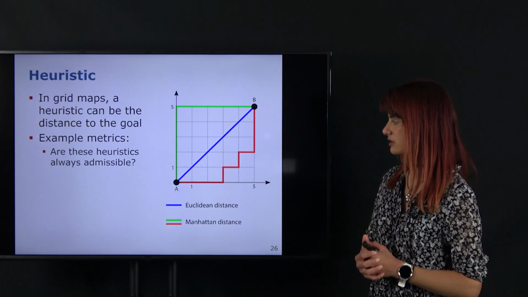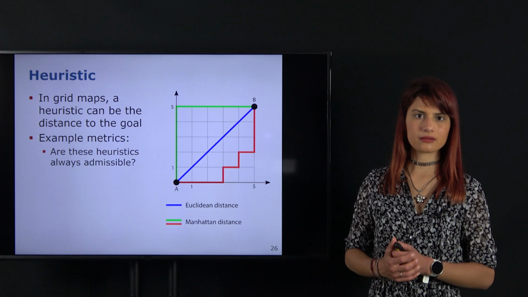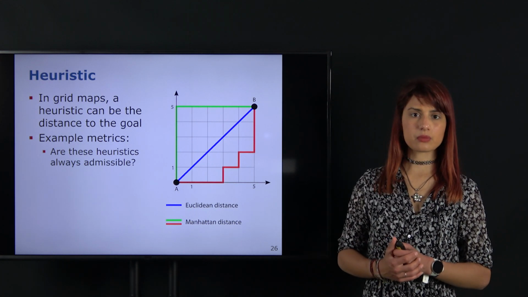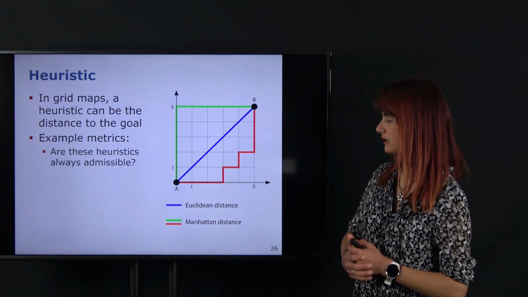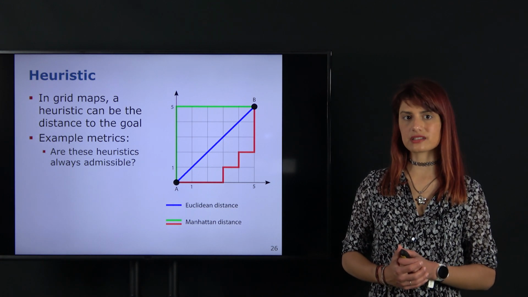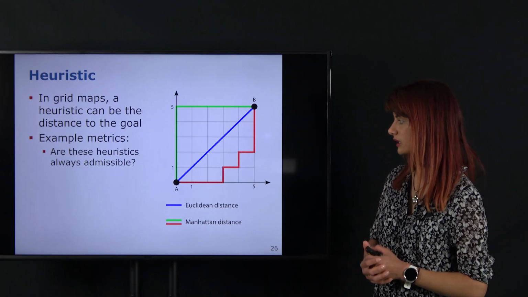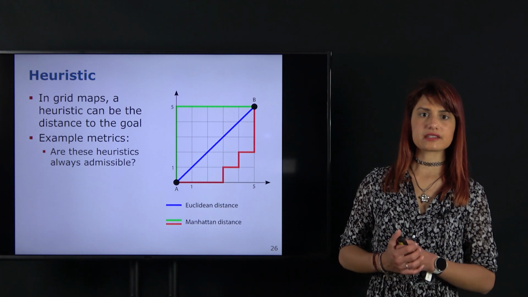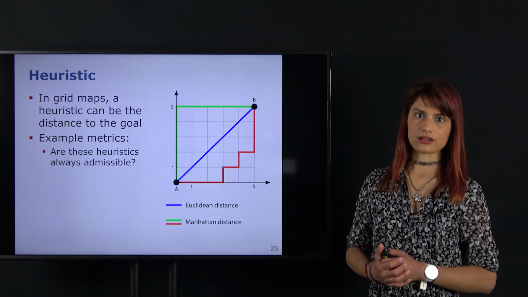Well, by definition, Euclidean distance will be, because it is in fact the shortest length. For Manhattan distance, it will depend on the problem, because if our robot can navigate diagonally, then Manhattan distance will sometimes overestimate the true distance, leading to a non-admissible heuristic. And for this reason, Euclidean distance is often used as an admissible heuristic for informed search algorithms.